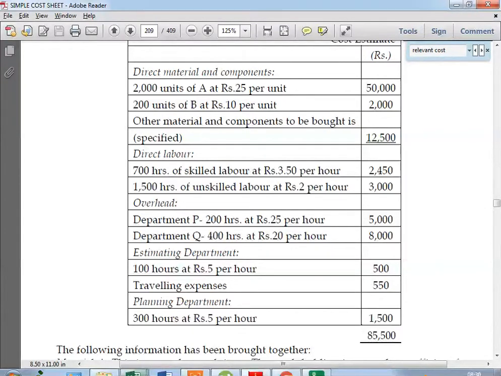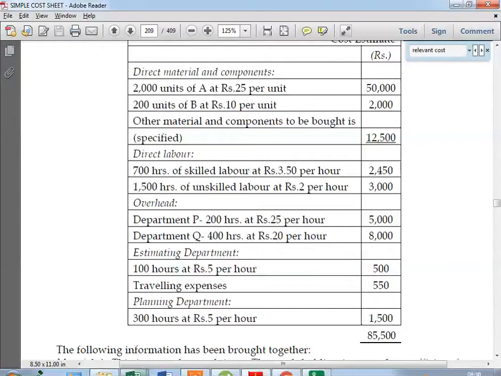So other material and component in brackets to be incurred: 12,500. Any doubts on this?